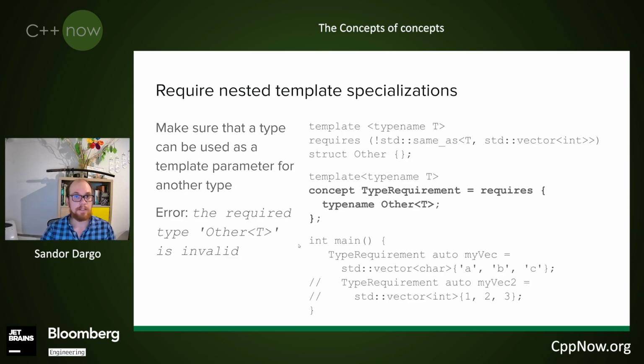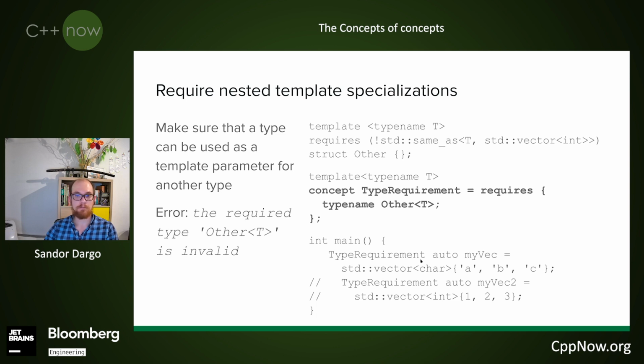You can require that nested template specializations are valid. So here we have another type requirement where we require that other with this template parameter T is valid. It names a type. So in our case, I created a struct that requires that T is not the vector of integers.